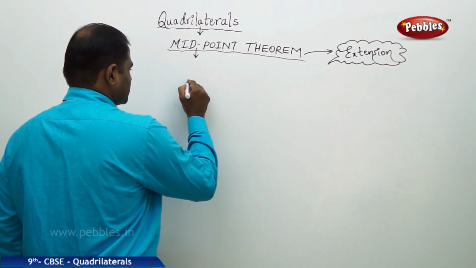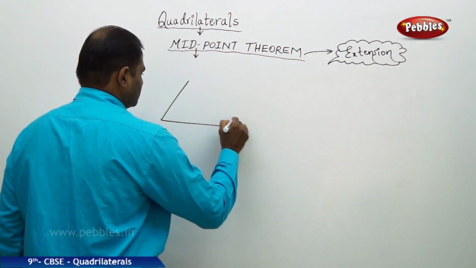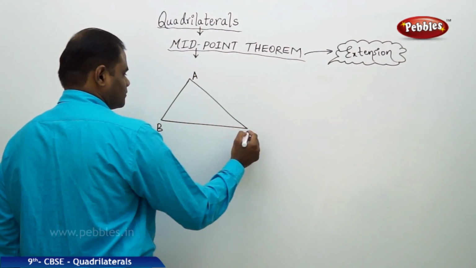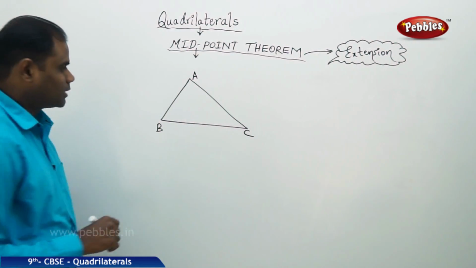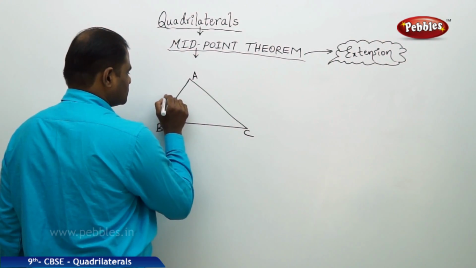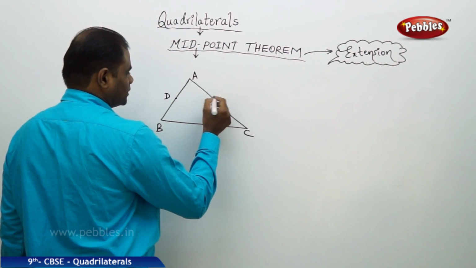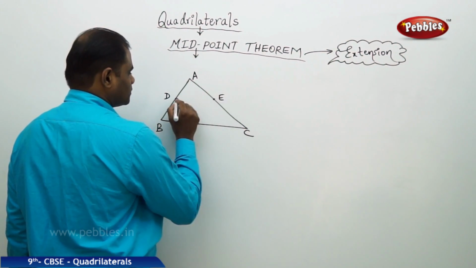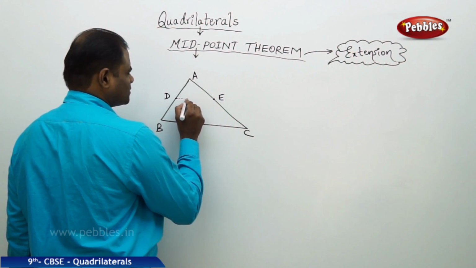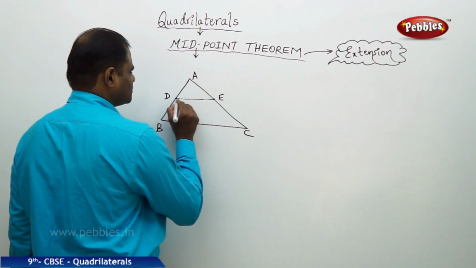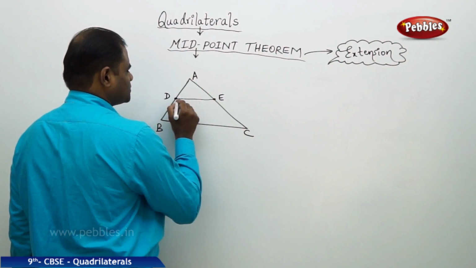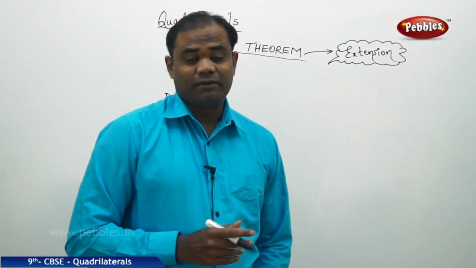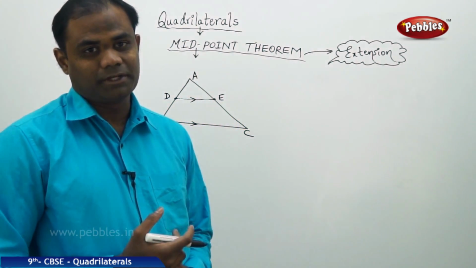The midpoint theorem says, if I take a triangle ABC and connect the midpoints, midpoint of AB being D and midpoint of AC being E, then the line which joins the two midpoints is parallel to the third side. That is how we understood the midpoint theorem in the previous session.